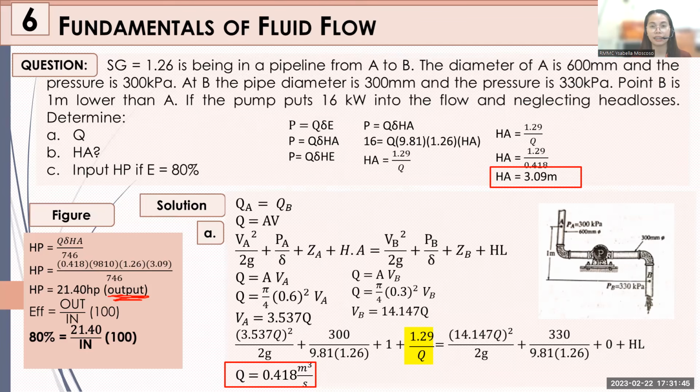P in is the electrical energy, and P out is the energy of flow. The energy of flow is what we are solving for. So therefore, you have P out, the pump output, for the efficiency, and your input power is 26.75 HP. I hope I'm making sense.